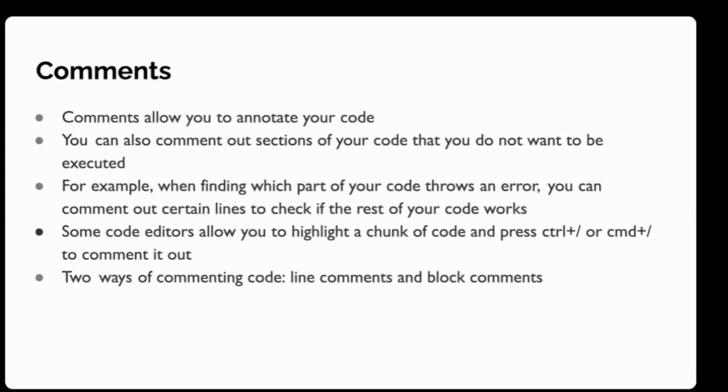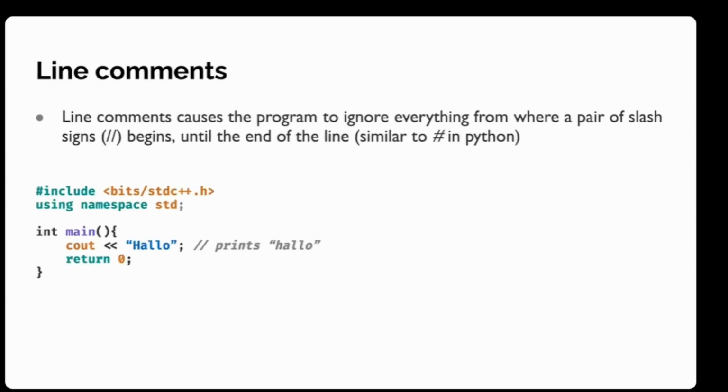So next, comments. Comments allow you to annotate your code. I think you should know this already. When finding which part of your code throws an error, commenting out certain lines of code will actually help you check if the rest of your code works. Some code editors allow you to hide a chunk of code and press control slash or command slash. So two ways of commenting code: line comments and block comments.